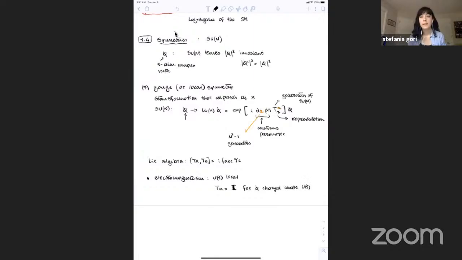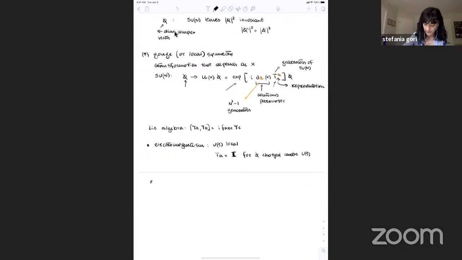So for example, if you take an electron that has an electric charge, the electron will transform in this way, where you have the exponent of your charge, but here you have something trivial that is simply an identity matrix. So let's write it explicitly.